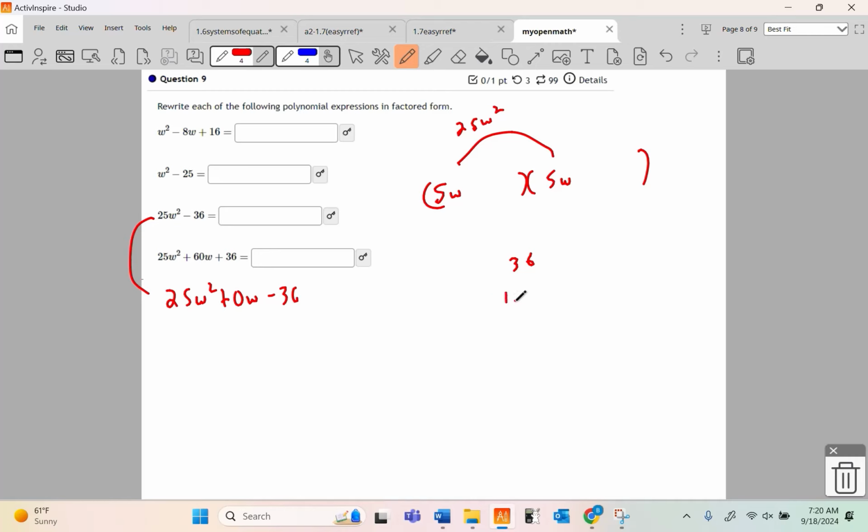You can be like 1 and 36, you can be 3 and 12, you can be 6 and 6, you can be 2 and 18. Those are your factors, but 6 minus 6 is a 0. So one of them's positive, one of them's negative. It ain't that hard. It's not rocket science. It's knowing multiples.